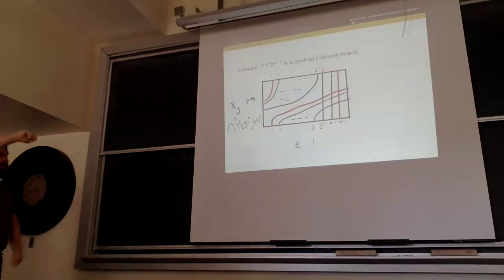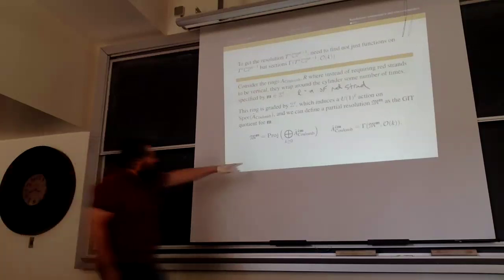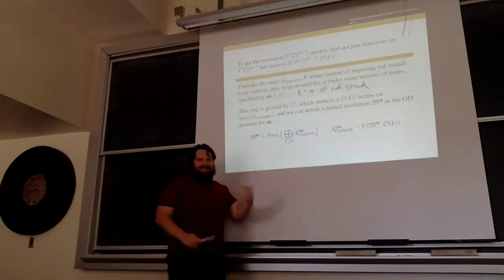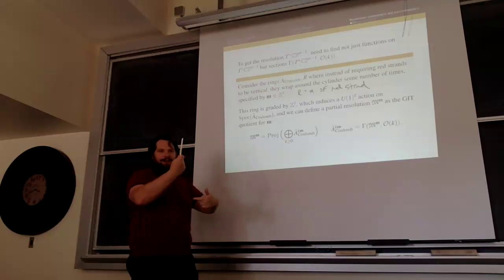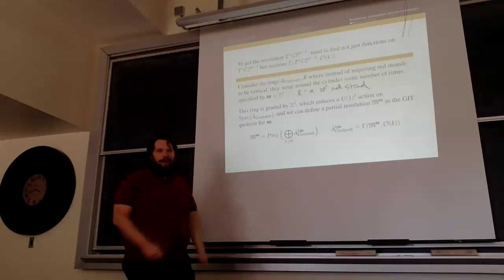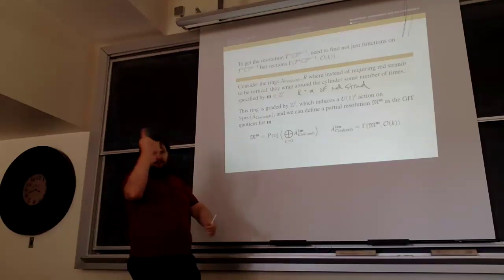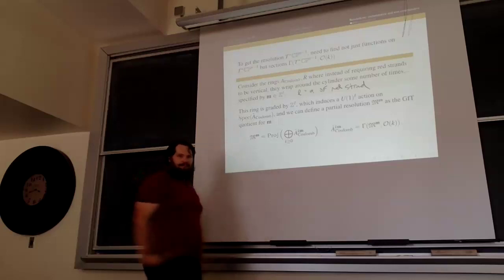The only relation I need is that I can resolve a bigon of red strands without doing anything unusual. But since I'm taking Proj, I'm taking positive multiples of the same winding number, so I'm never going to encounter the situation where I wind a red strand one way and then wind it back the other way.